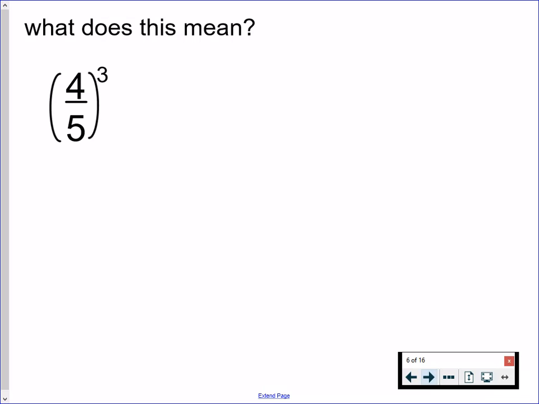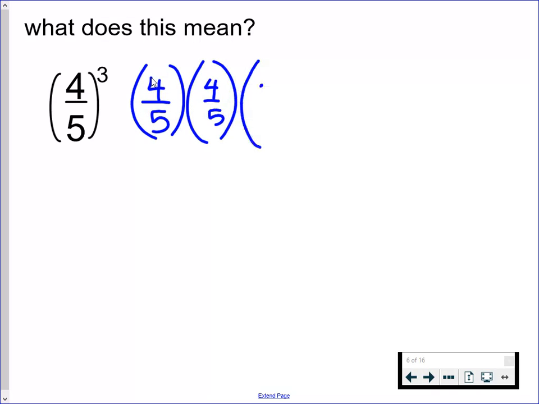Again, I like to ask this question. It frustrates some 7th graders. What does this mean? It means I have 4/5, 4/5, 4/5, 3 times. You may have heard me say this before.